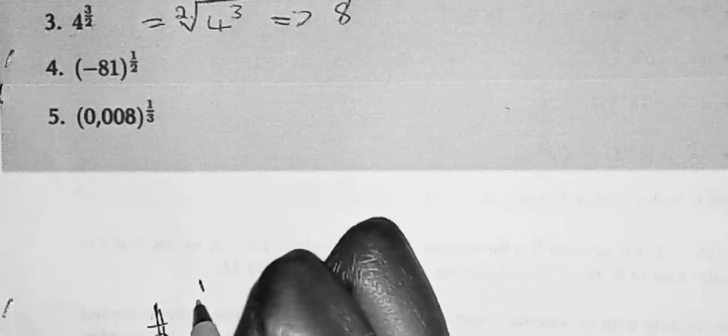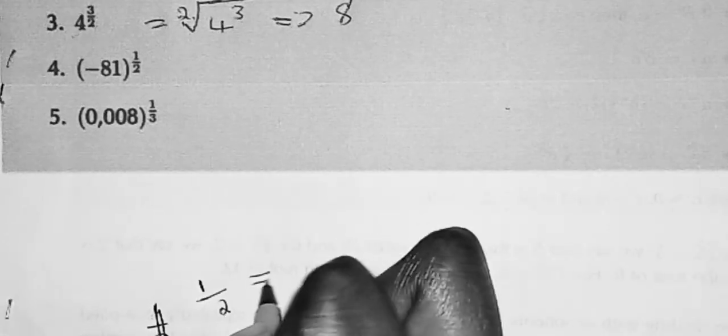Let's go to the next one. We have negative 81 all over 2. You have to remember that 1 over 2 is actually a square root.